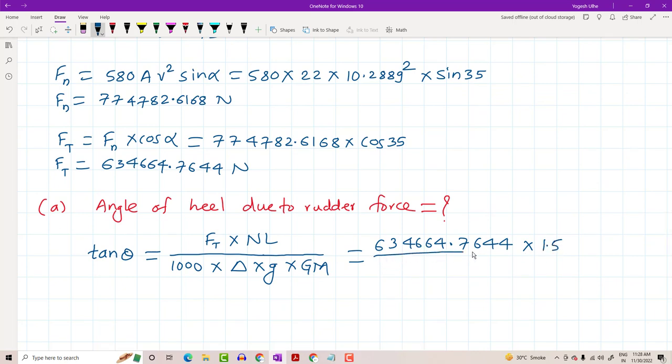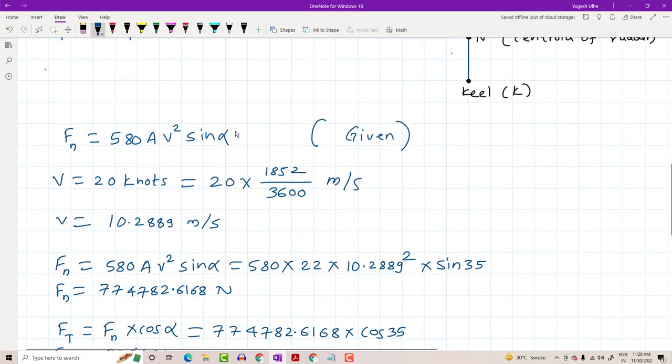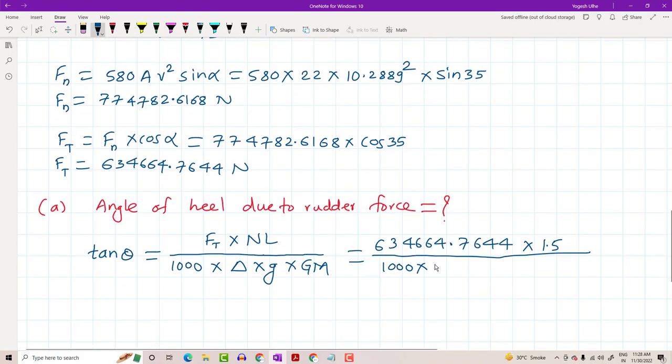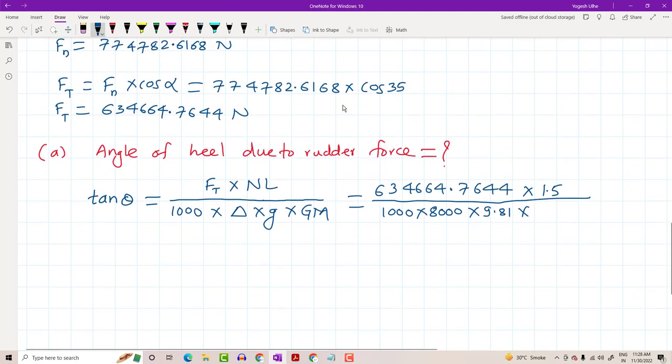Then divided by 1000, displacement: how much do we have? 8000 ton. Value of G is acceleration due to gravity, 9.81. And GM we calculated as 0.6 meter. So do the calculation and tell me the value of tan theta, guys.